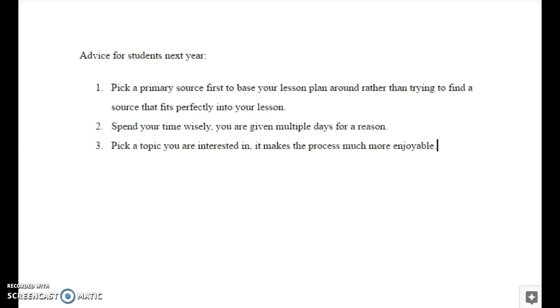What we ended up doing was we had to go back and adapt some of our earlier lesson plans based on our document. So I felt like if we chose the document first and then did the rest of our lesson plan, it would have saved a lot of time and would have been a lot less stressful at the last second.